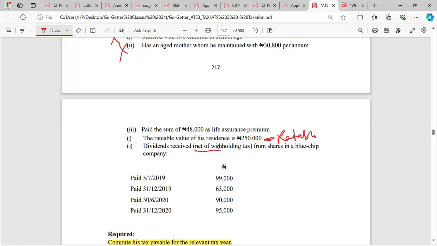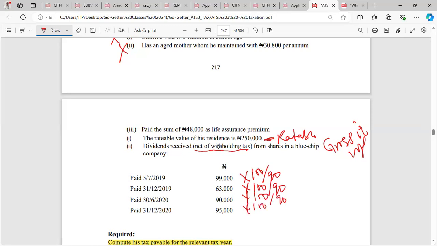They are telling us this is net of withholding tax. If you are given net, you need to gross it up. There is already 10% removed from it. How do you gross it up? You multiply by 100 over 90.